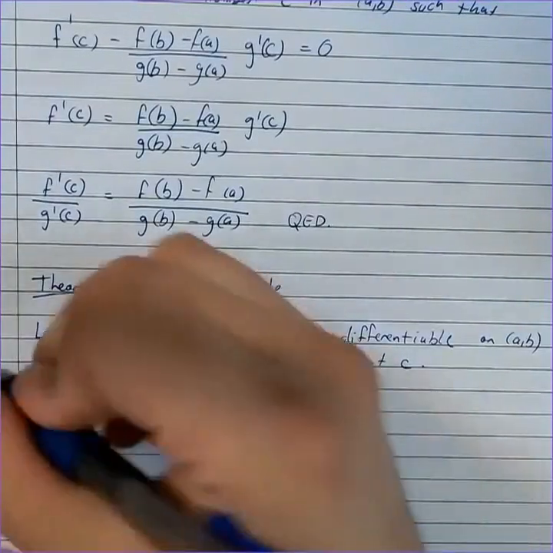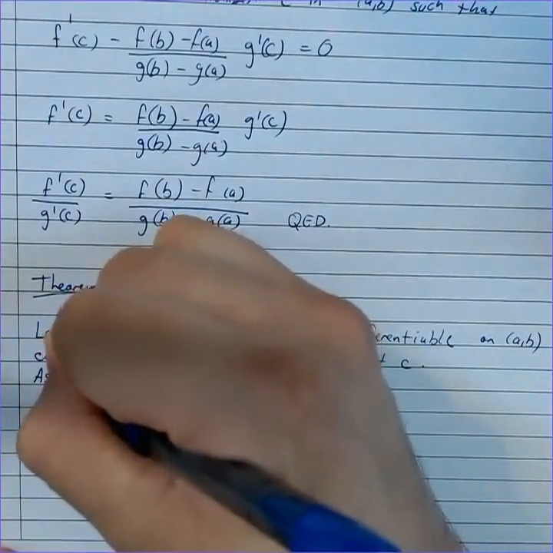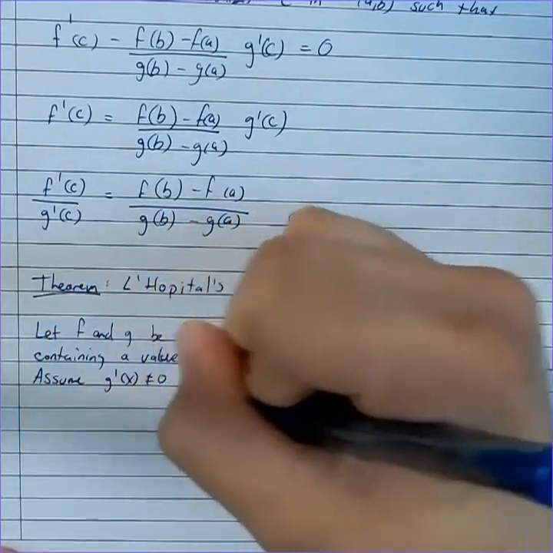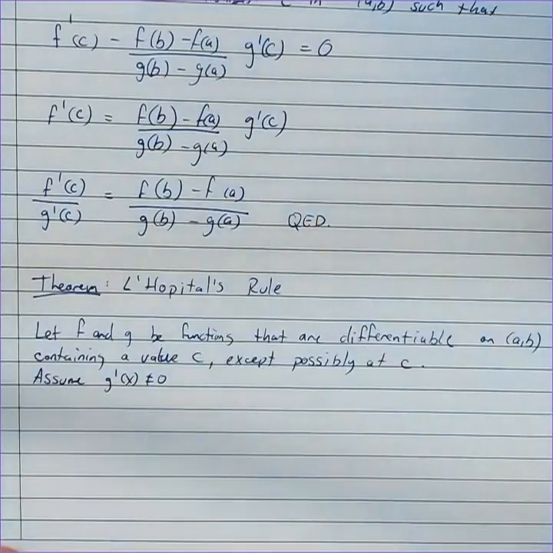So now let's assume that g prime of x is not equal to 0 anywhere in the interval except, again, maybe at c.